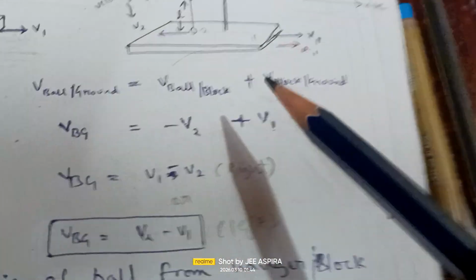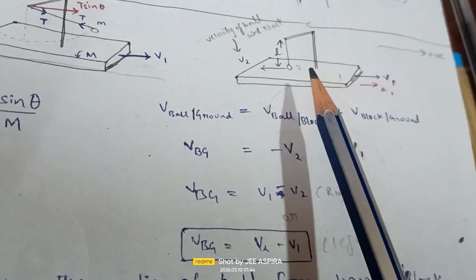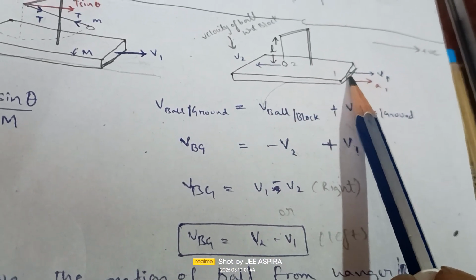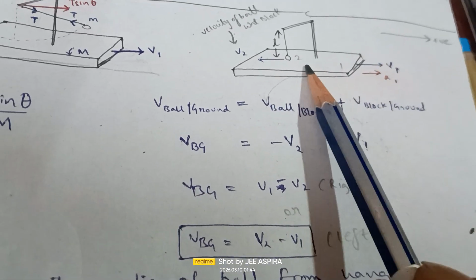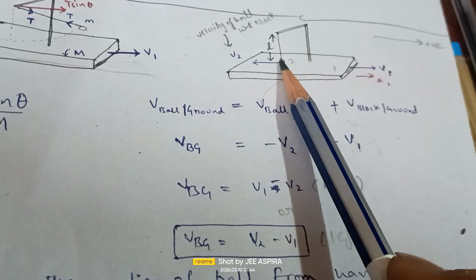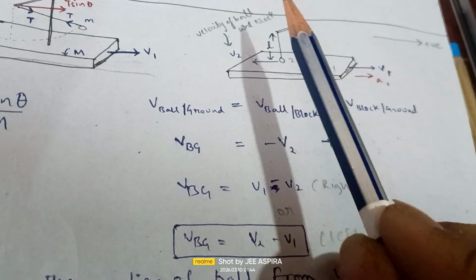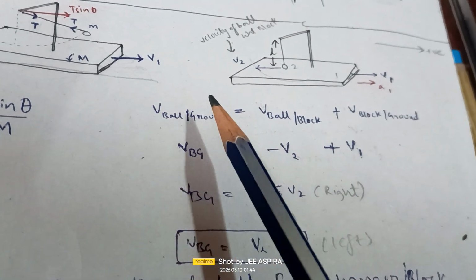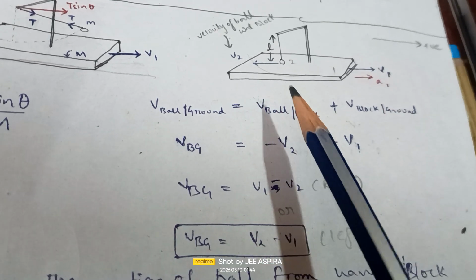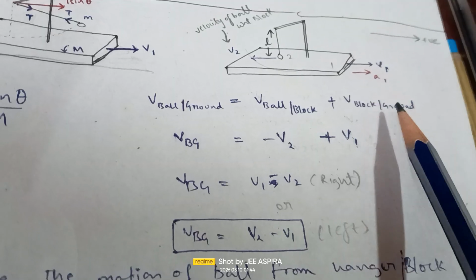Let's determine the velocities. Let's say the velocity of this block is v1, and v2 is the velocity of the small block with respect to the block. Velocity of ball with respect to ground equals velocity of ball with respect to the block plus velocity of block with respect to the ground frame.